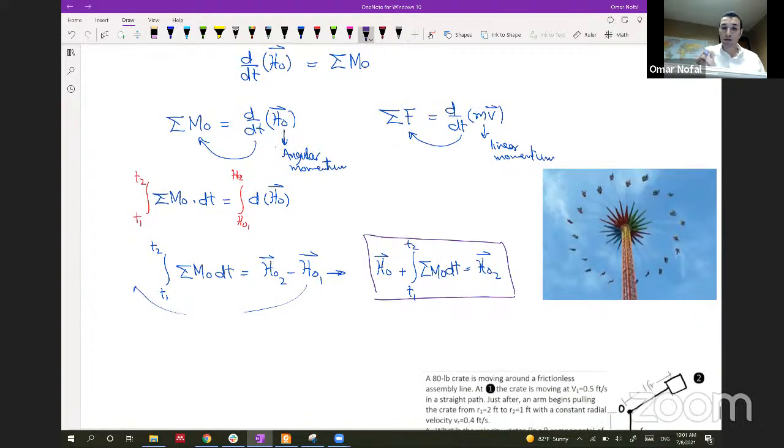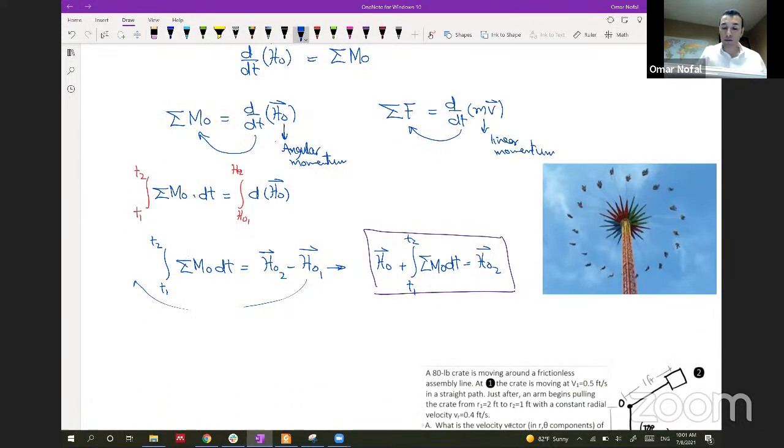And if we want to expand this equation, we need to move this a little bit down. Okay, let's keep it. So this is HO1 and this is HO2.